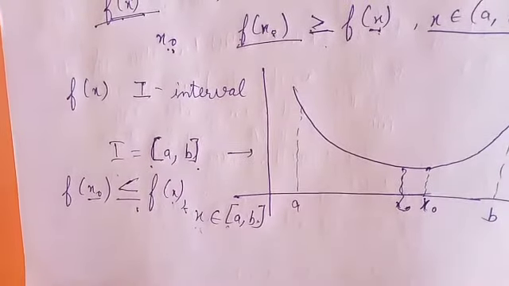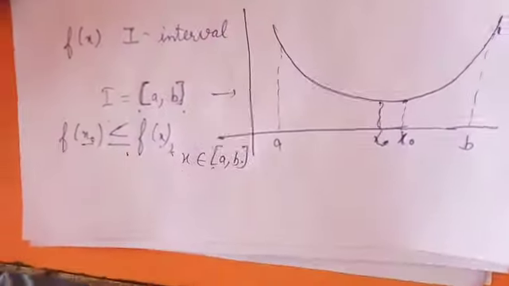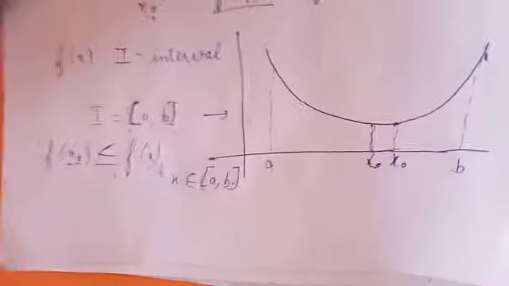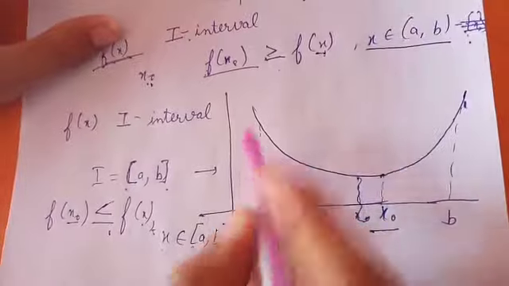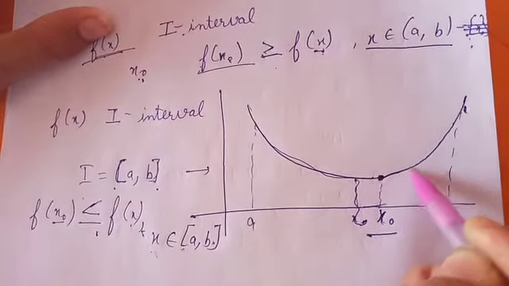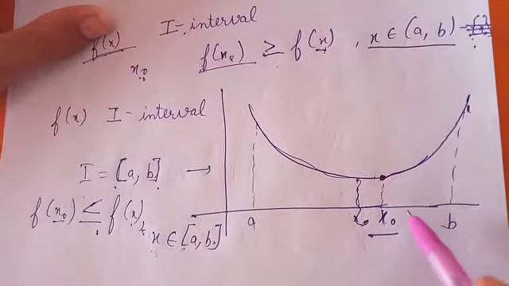Now the alternate definition: a function f of x is said to be minimum at x equal to x naught if it changes from decreasing to increasing. It is decreasing, and after this point it starts increasing; it will not decrease further.